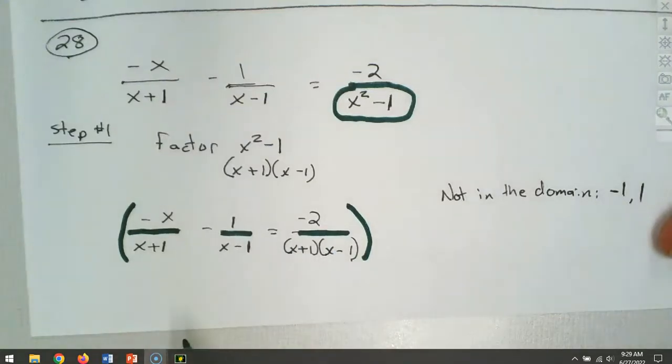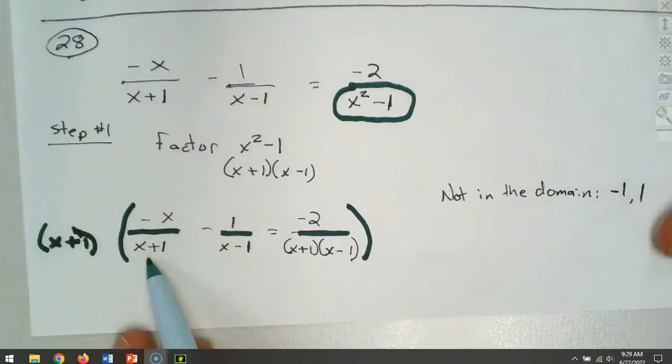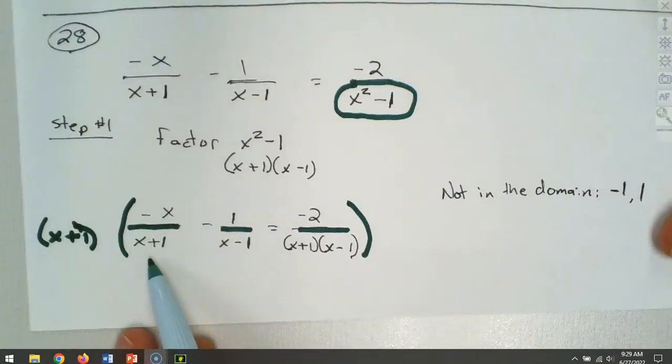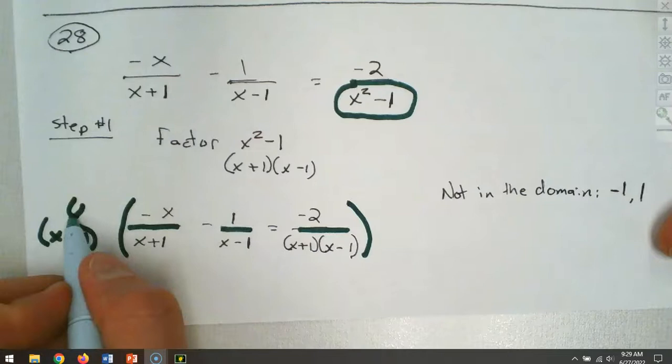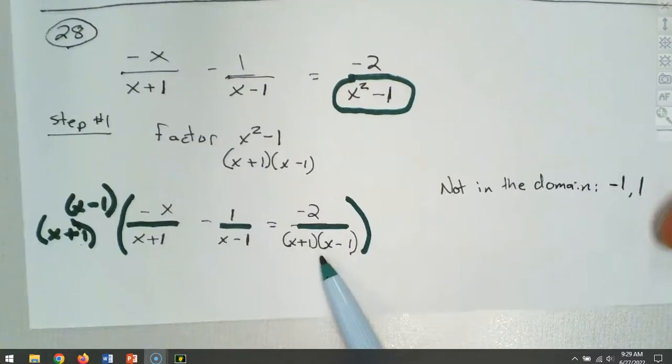No. Okay, there's no number been factored out in front. So let's start with our first one, x plus 1. So we need an x plus 1, because that'll take care of that. And we also need an x minus 1. Is that all that we need? Yes, because x plus 1 cancels with that, x minus 1 cancels with that, and then they both cancel with that.